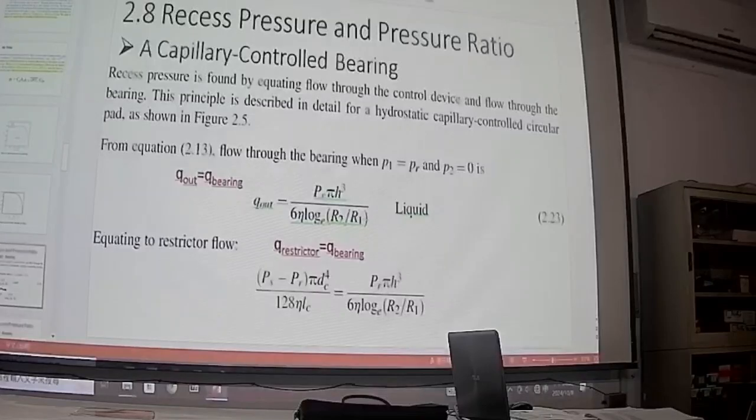Okay, because some of the description you should read in detail in order to understand the theoretical development for the hydrostatic theory. So most of the description in the book is about the hydrostatic theory. It's nothing about the air bearing. Okay?